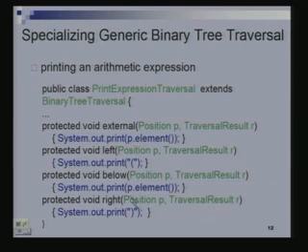So, once I have specialized these methods in this manner, this becomes print traversal. This is the class which is extending binary tree traversal, and when I invoke the traversal method, with the tree corresponding to an arithmetic expression, it will print out the arithmetic expression in the parenthesized form.